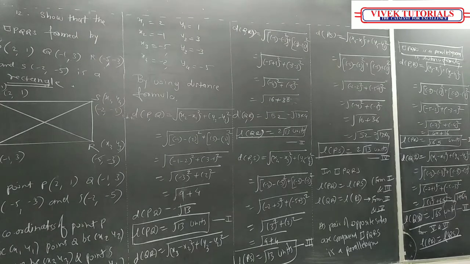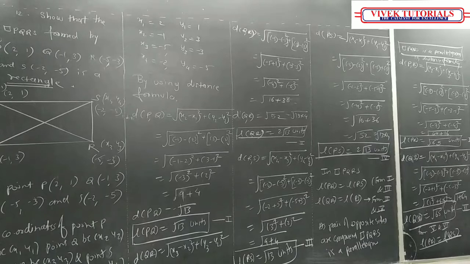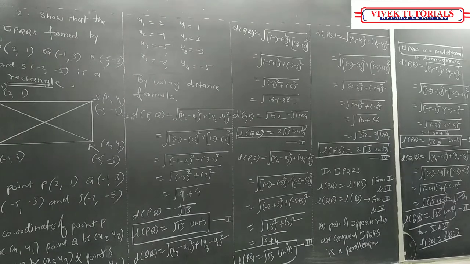Again, we apply the distance formula. We find out PR as well as QS. They also become equal. In a parallelogram, if diagonals are congruent, it is a rectangle. Copy it down properly by pausing the video. If you are not getting it, rewind the video and see it once again.